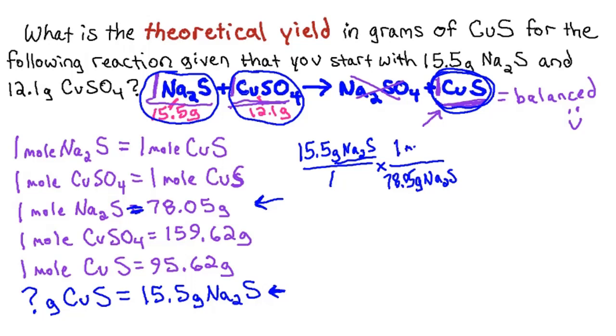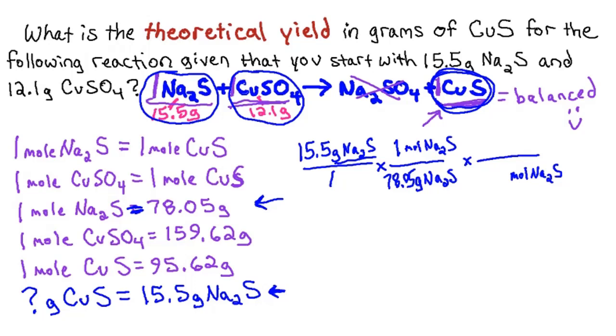So that's 1 mole of Na2S. And then multiply and a fraction bar. And whatever we wrote on the top of this last fraction, moles of Na2S, we write on the bottom of the new fraction bar, moles of Na2S.